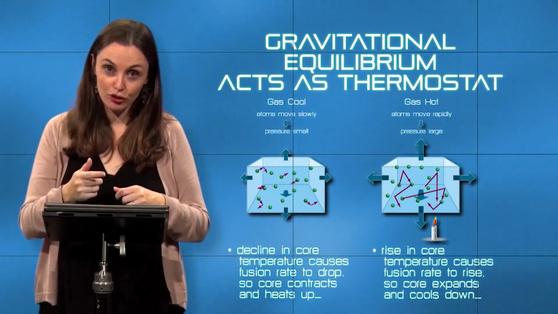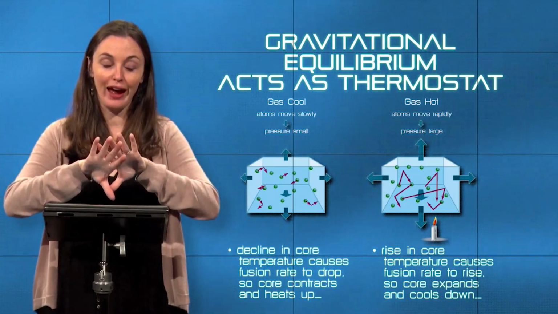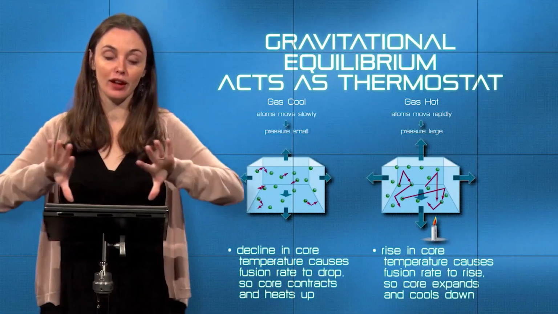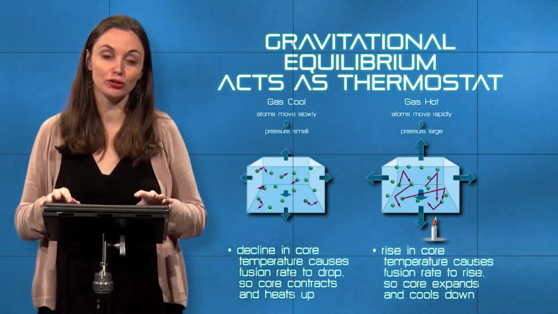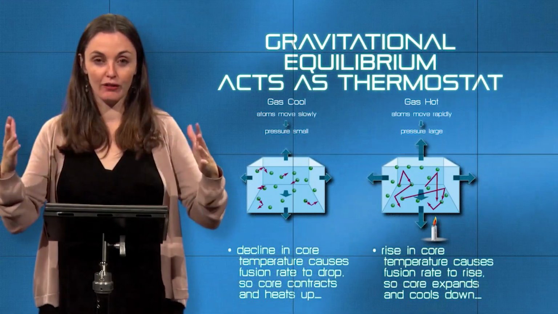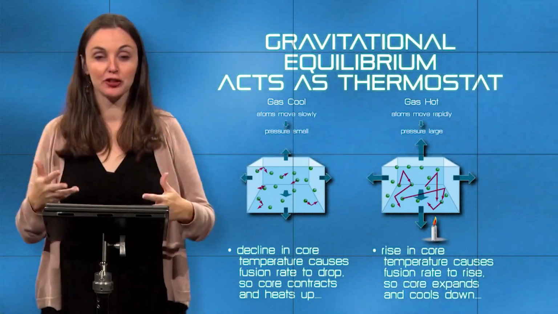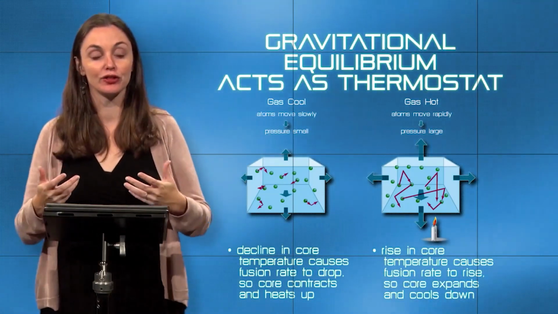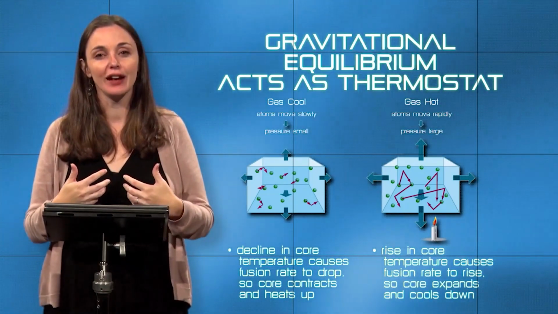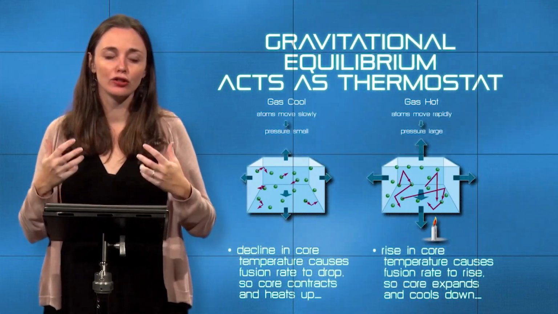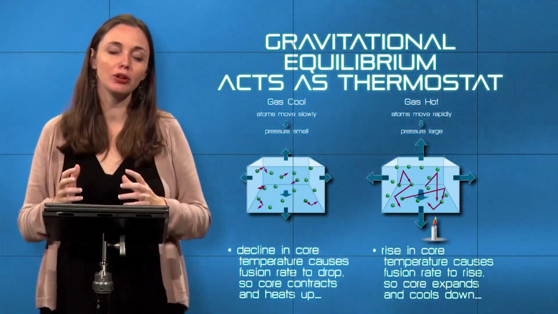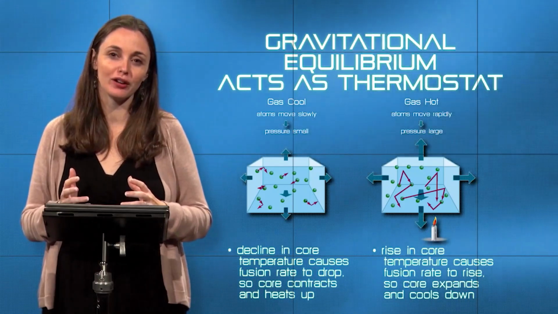And the rate in which fusion happens controls the external expansion of the sun, that outwards pressure exerted from fusion. So you have this balance in play. It's a wonderful, naturally occurring thermostat. And the result for us is having a source of energy that is so consistent, so stable on the surface of the Earth that it allowed for life to evolve.